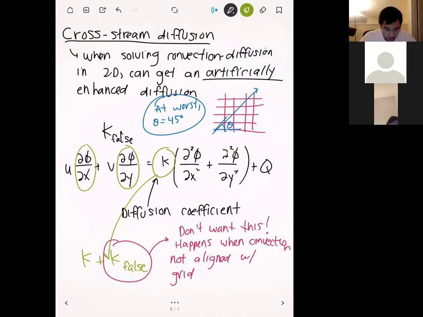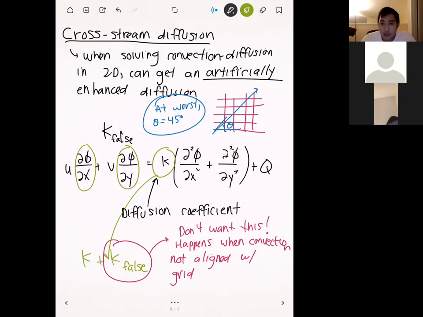Right now, if you remember, we're discretizing them with just a basic central difference or backward difference. But there are other higher order schemes out there that are more accurate, that can eliminate this cross stream diffusion. But once you start getting into those higher order schemes, things get really messy, and you start to involve a lot of terms.